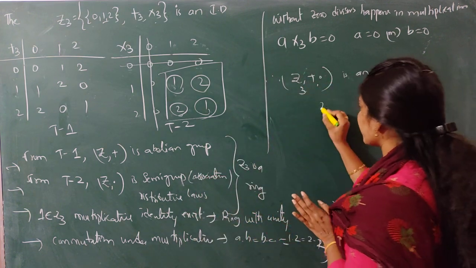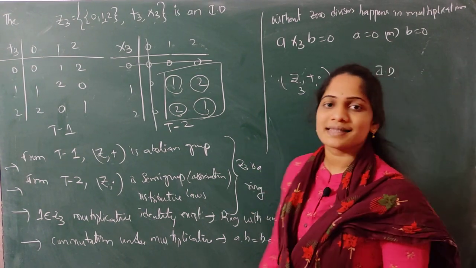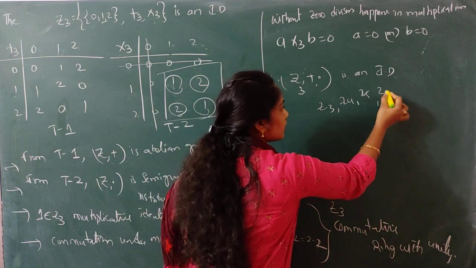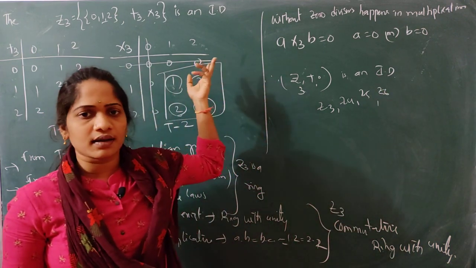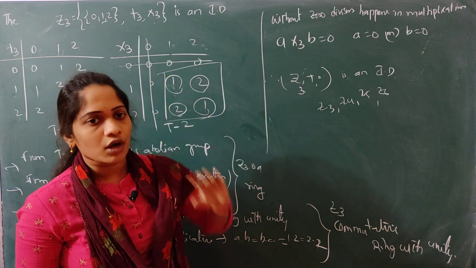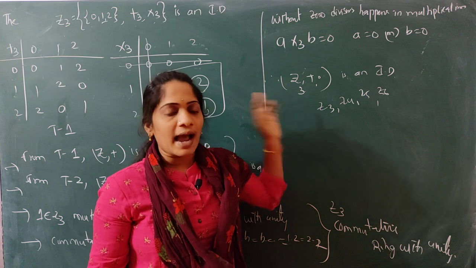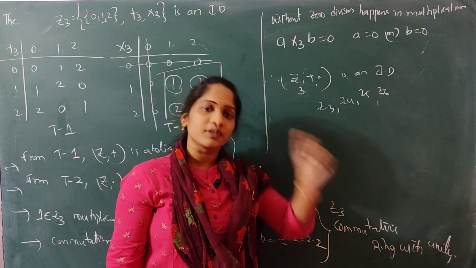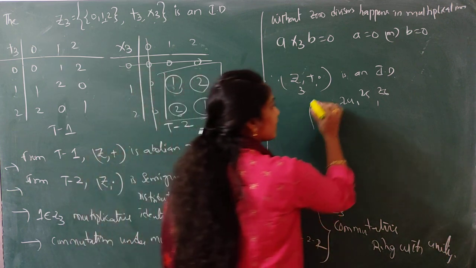These all already become rings, it's not a problem. Now we will check whether these are integral domains or not, and whether they are with zero divisors or without zero divisors, which will be very helpful for you.